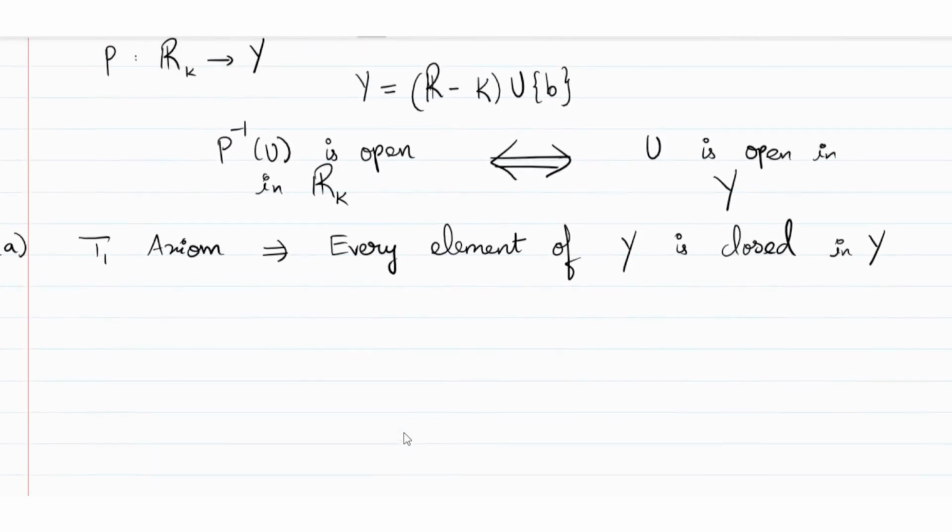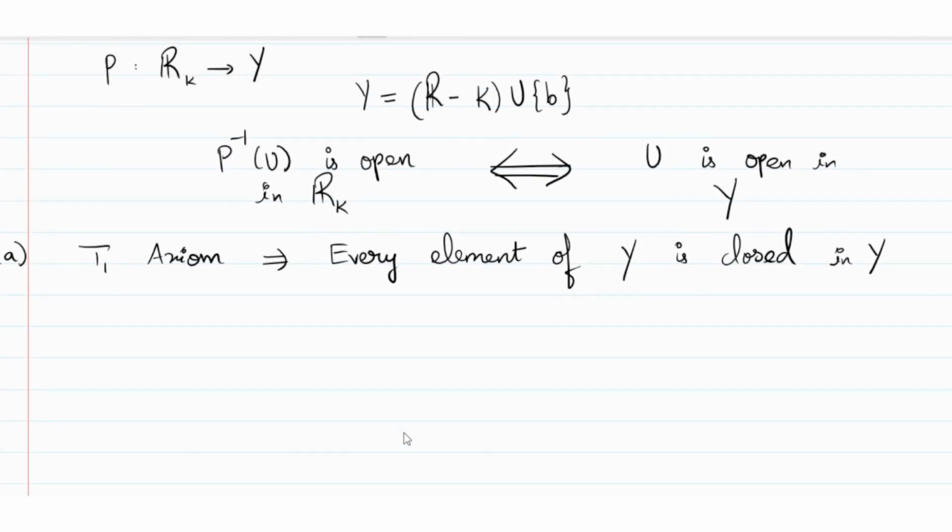Simple. The quotient space Y can also be regarded as follows: any subset V is closed in Y if and only if P inverse of V is closed in Rk.